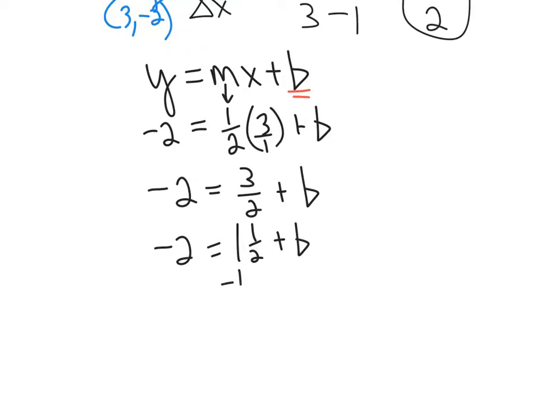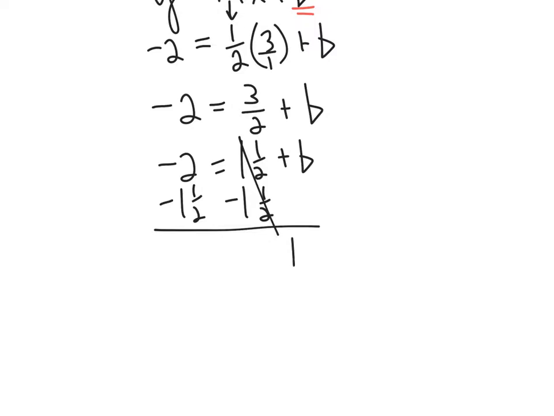Because then if I subtract 1.5, that's going to be easier for me to see what's happening over here. So -2 minus 1.5. I'm going to write it this way just so you guys can see what's going on. We could add the opposite there, and that would be -3.5. Okay, we could do decimals, just decimals aren't always going to work.